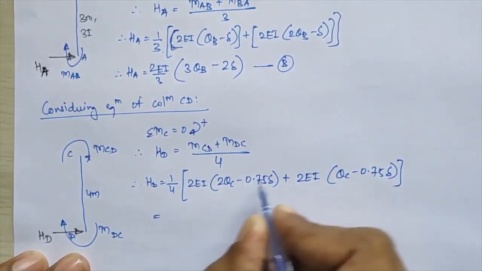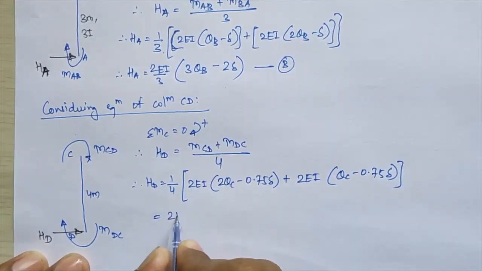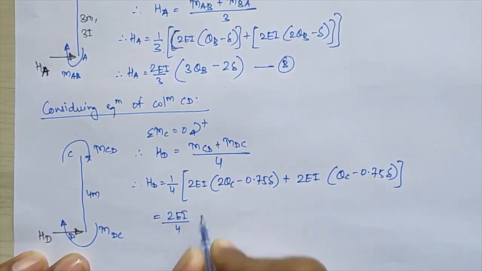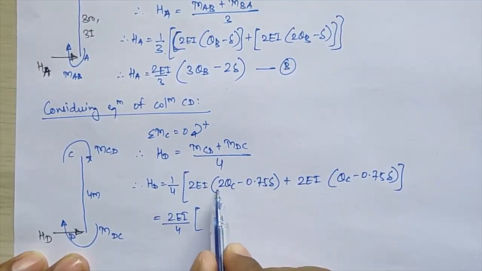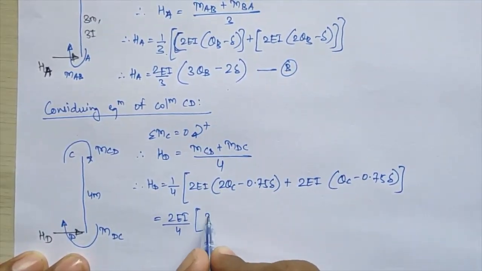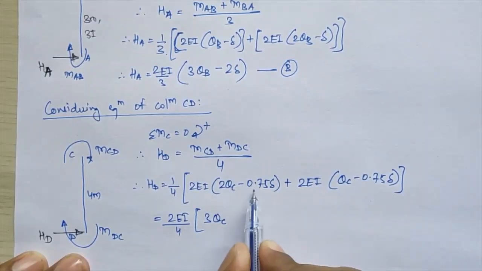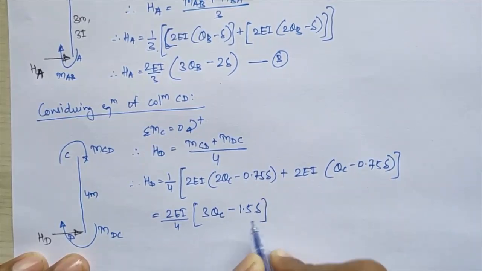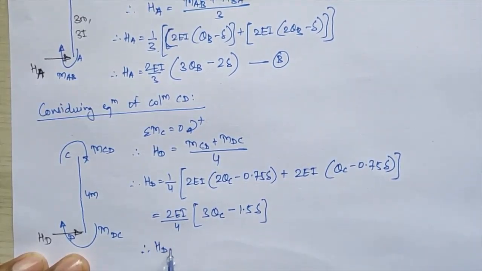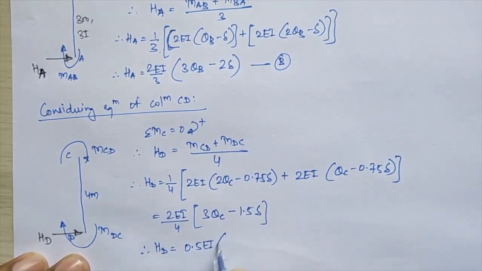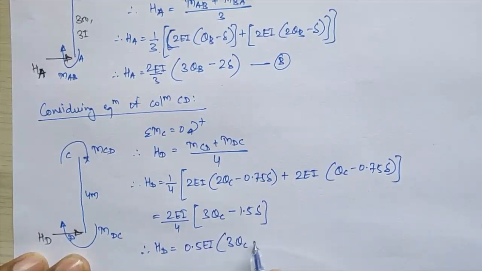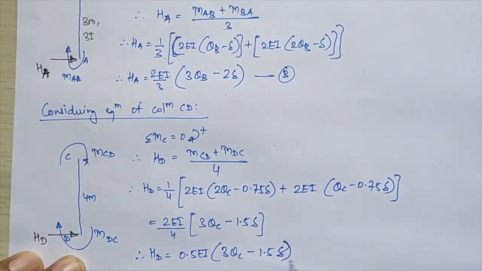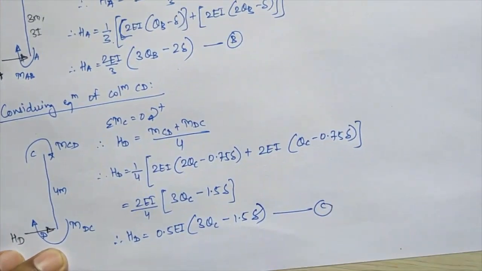Taking 2EI common, I get 2EI divided by 4 into bracket 2 theta C plus theta C, which is 3 times theta C, minus 0.75 plus 0.75, which is 1.5 times delta. Simplifying, HD is 2 by 4, that is 0.5 EI into bracket 3 times theta C minus 1.5 times delta, as my equation number C.